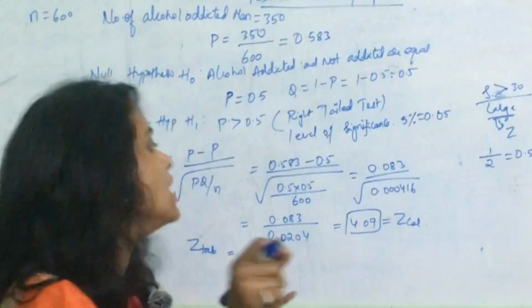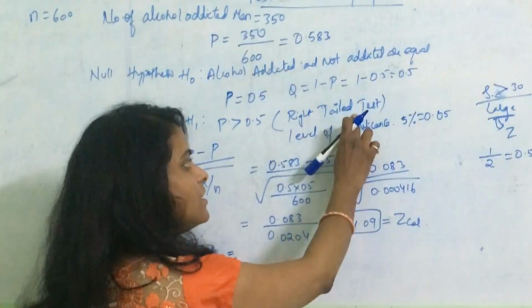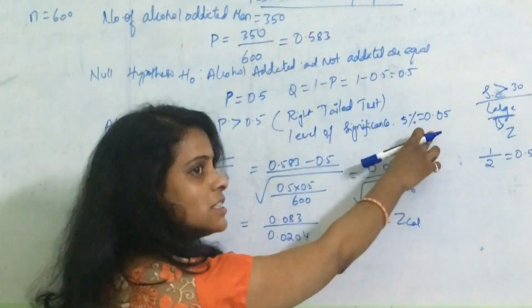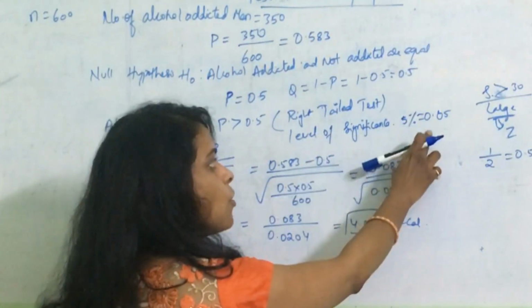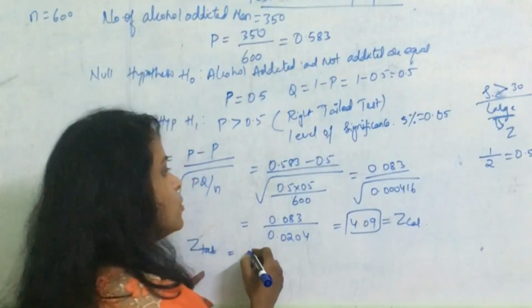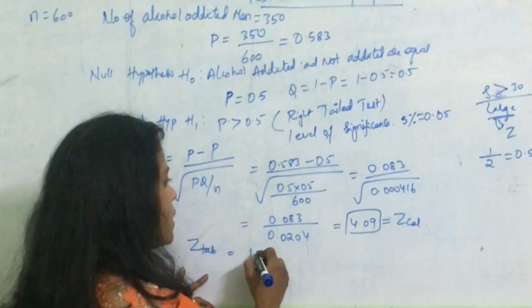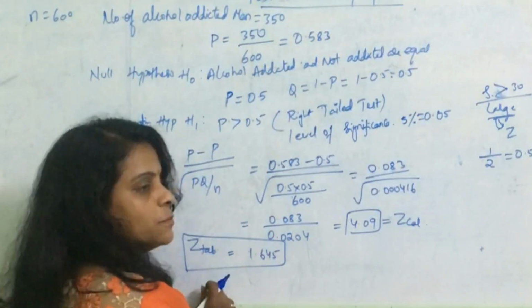As we have a right tailed test here, in this right tailed test at 0.05 you have to check the value. The table value is 1.645, which is the z table value.